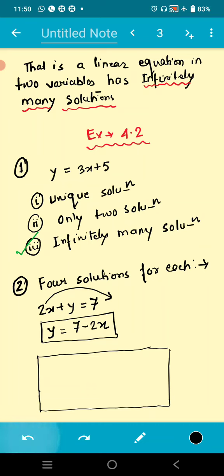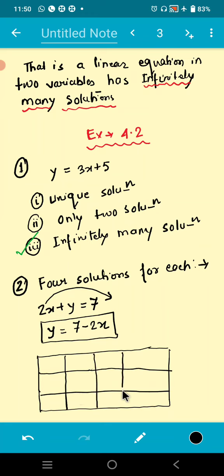And because we have to go for 4 solutions, let us write the 4 solutions. We will write here x, then we will write y, and how to write the ordered pair we always know, as we have already discussed, that is (x, y).